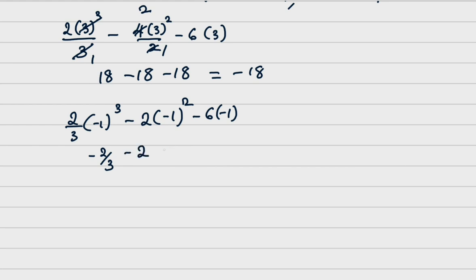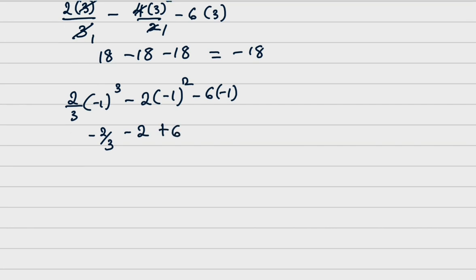Then here we have +6. This is what I have. So working this by finding the LCM. The LCM is 3. So this is going to be -2, then -6, then plus 18. Now this is going to be 10 over 3.